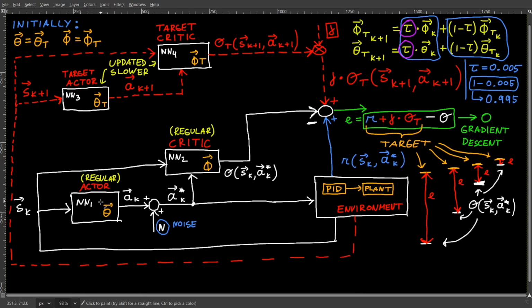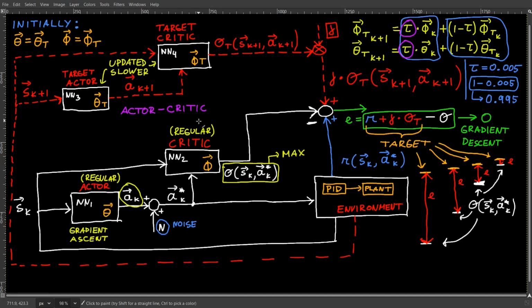You adjust the weights and biases of the regular actor network using gradient descent such that when it takes in a state, you want the regular actor to output an action that maximizes this Q value that comes out of the regular critic network. In general, these types of algorithms are called actor-critic algorithms.